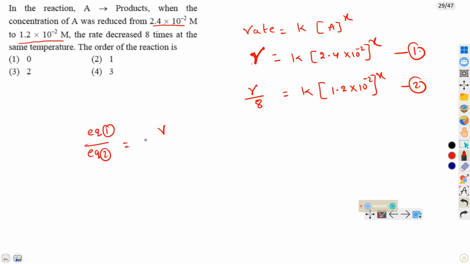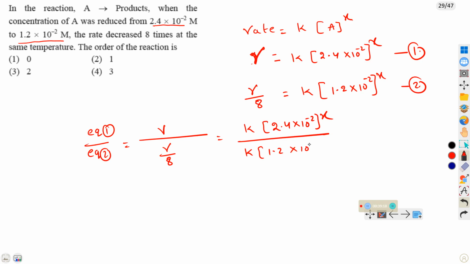R divided by R by 8 is equal to k into (2.4 into 10 power minus 2) power x by k into (1.2 into 10 power minus 2) power x. Then simplify: 8 is equal to 2 power x. 2 cube is equal to 2 power x. x is equal to 3. Correct option is 4.